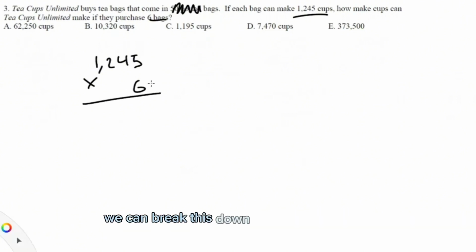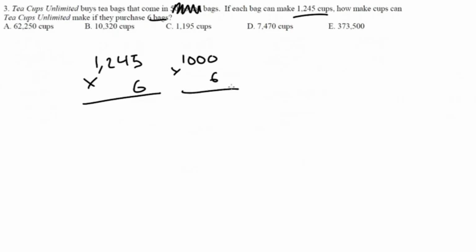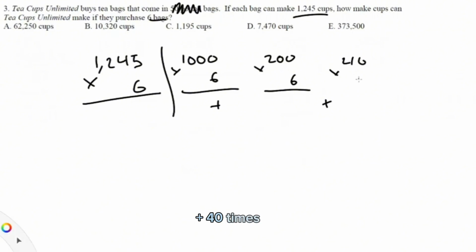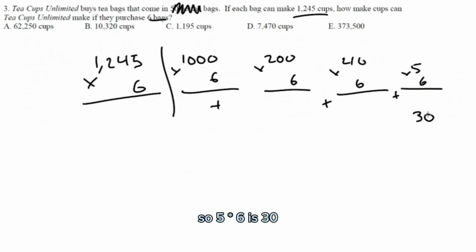We can break this down into 1,000 times 6 plus 200 times 6 plus 40 times 6 plus 5 times 6. Alright, so let's do it. 5 times 6 is 30. 40 times 6 is 240.